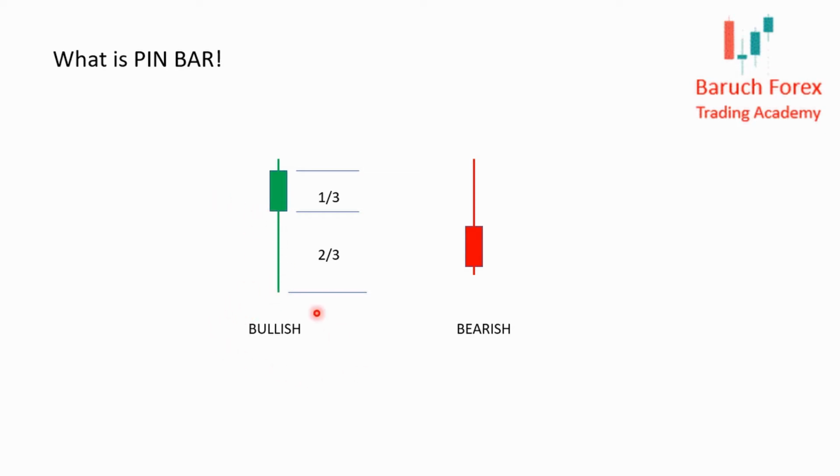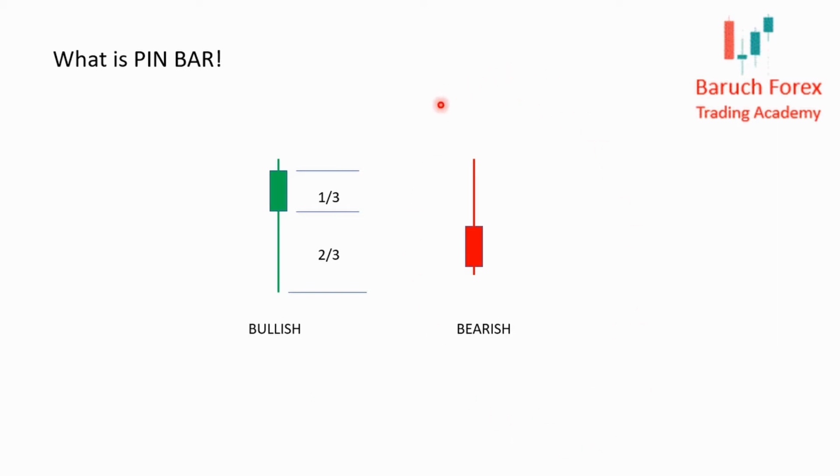If it is a bullish market, this is the open price and this is the close price, this is the price traded at the lowest, and this is the price traded at the highest. So we call it low, high, open, close. So this is a bullish pin bar.